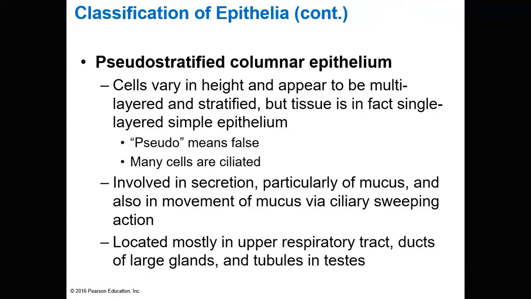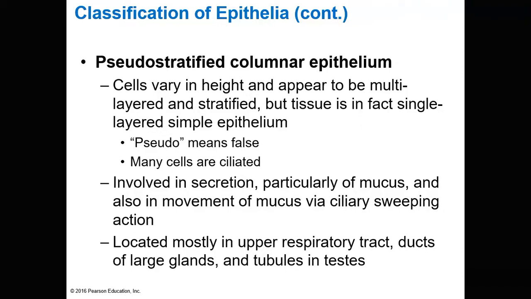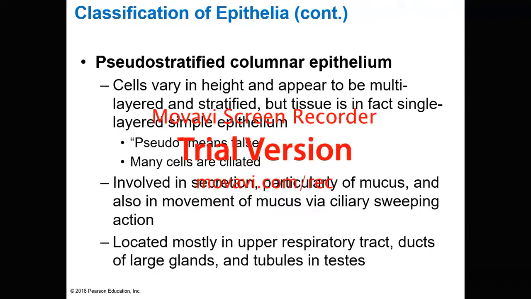So now let's talk about the pseudostratified columnar epithelium. It can always be tricky to identify because of the name. Pseudo means not real, so pseudostratified means it's not really stratified.